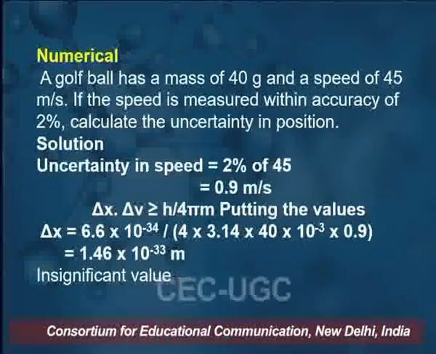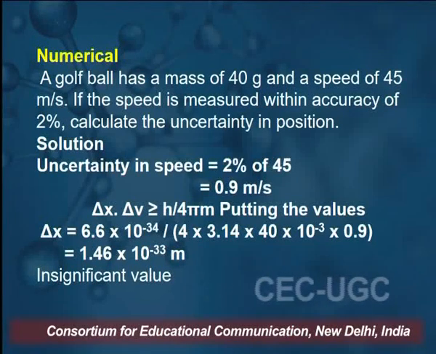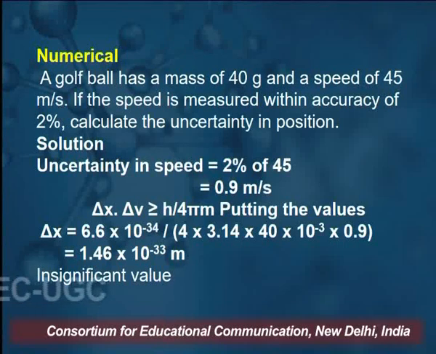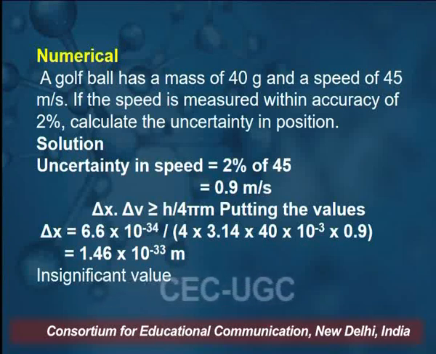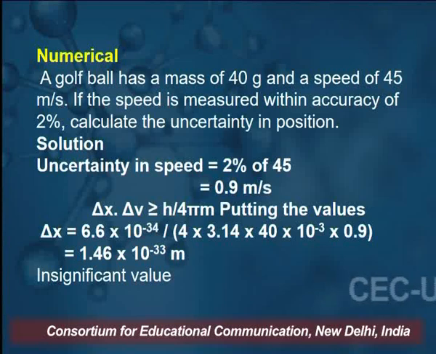Again, we take an example. We have a golf ball which has a mass of 40 gram and a speed of 45 meter per second. If the speed is measured with an accuracy of 2%, we have to calculate the uncertainty in position.